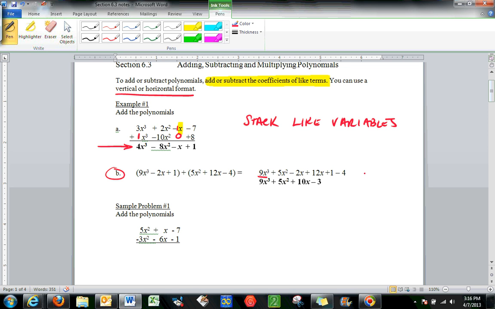There is no other 9x to the third power. We have 5x squared. There is no other squared power. But here at the end we have negative 2x and a positive 12x that we can combine together. And we have a positive 1 and a negative 4 that we can combine together to come up with our simplified polynomial expression.